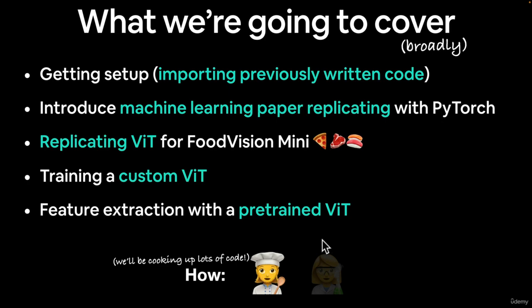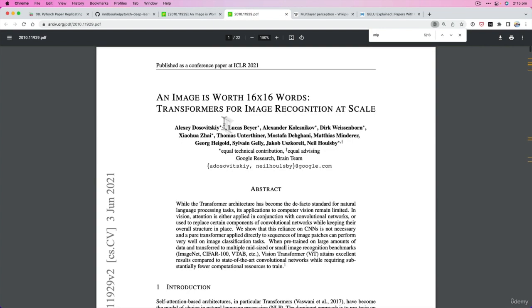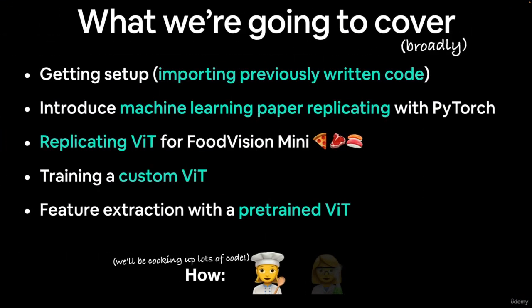Just like a chef might go to a recipe and replicate it into an edible dish, we're going to, as machine learning engineers, go to this beautiful machine learning research paper and treat it as a recipe that we're going to turn into some usable code. So with that being said, let's code. I'll see you in Google Colab.